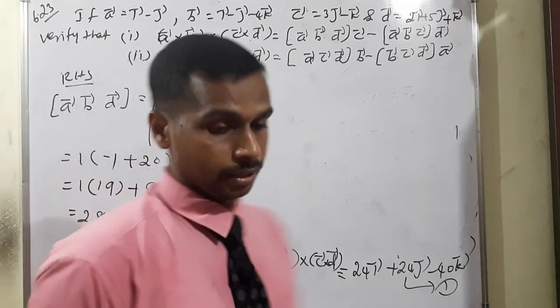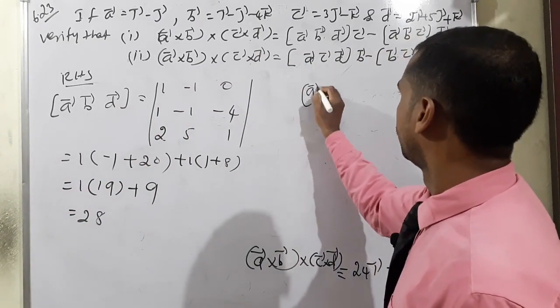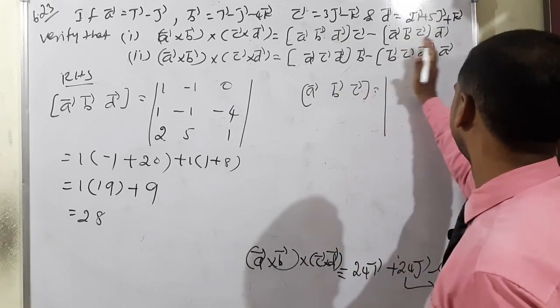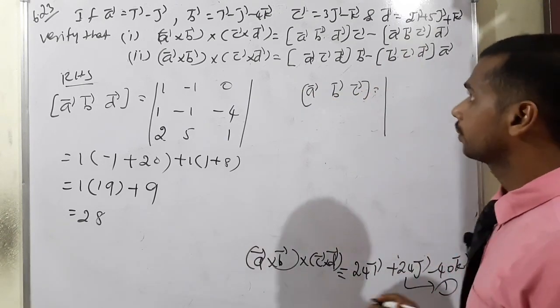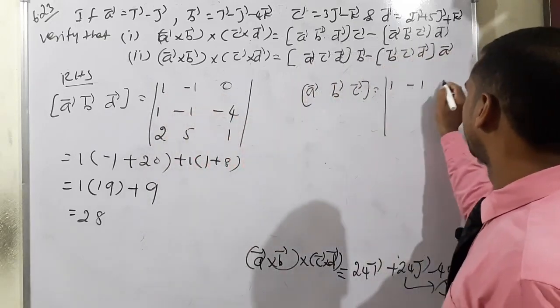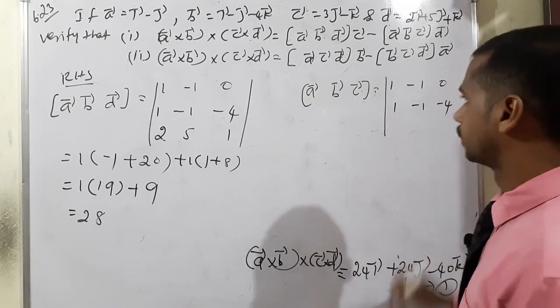Now the next condition, again box product of A, B, C. A vector, B vector, C vector, again a determinant. A, B as it is: 1 minus 1 0, 1 minus 1 minus 4.